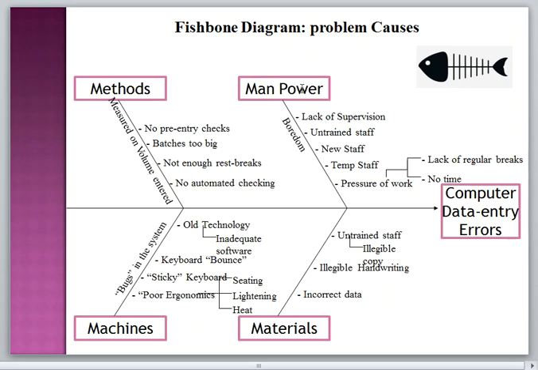Okay, so what's behind manpower? Manpower could be lack of supervision. So this is a cause of this cause, right? But staff are new. We have many temporary staff. Pressure of work, and it was found that pressure of work has lack of regular breaks, no time, and so on. So we do the same for each category of causes here, and it looks like a fishbone, as we call it in Arabic.